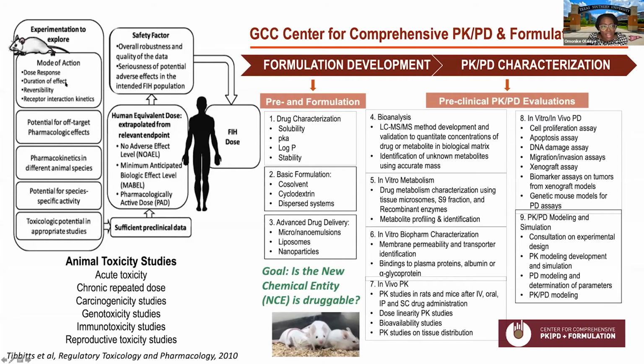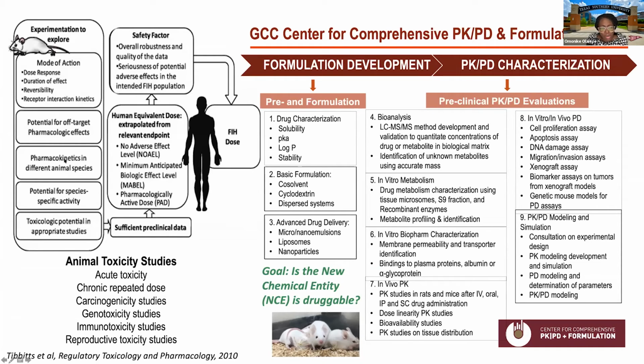The duration of effect, reversibility. We also look at potential for off target. So, we have hundreds and thousands of genes, and we know that drugs can have off target. So we interrogate and make sure to reduce toxicity, to specifically know that our compounds are selectively toxic to the target versus any other target.